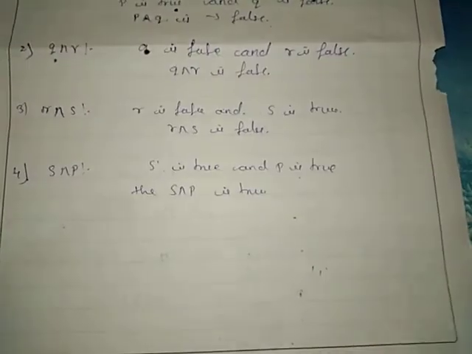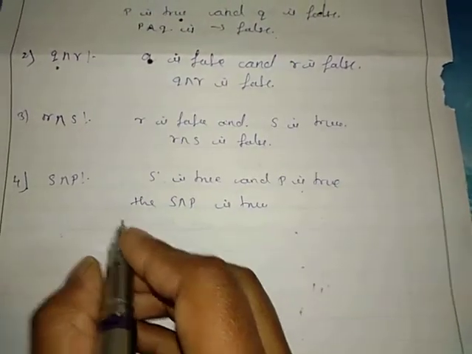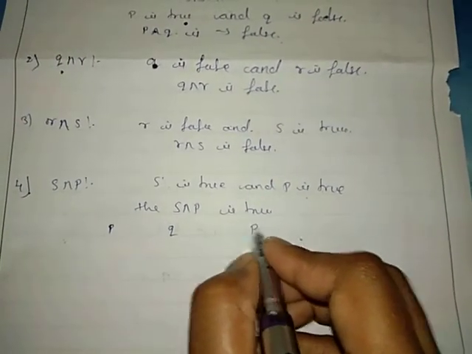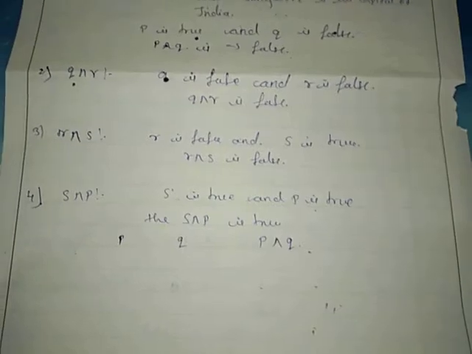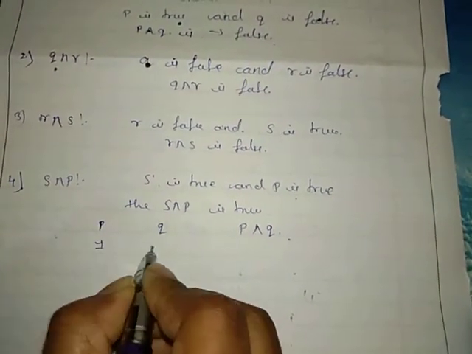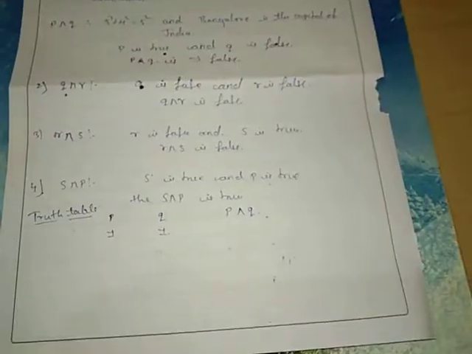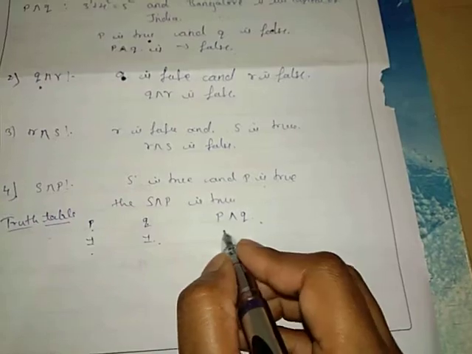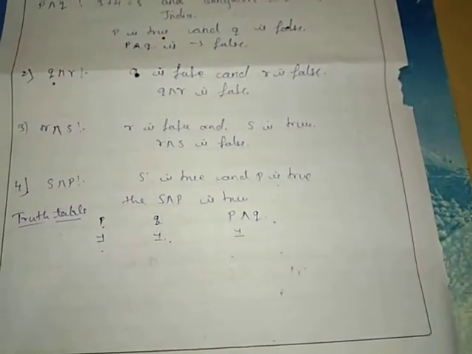So I am going to construct now the truth table for the conjunction. Here, taking the propositions P and Q, we have to write down the value of P and Q. Suppose both P and Q are true, then P and Q is true.